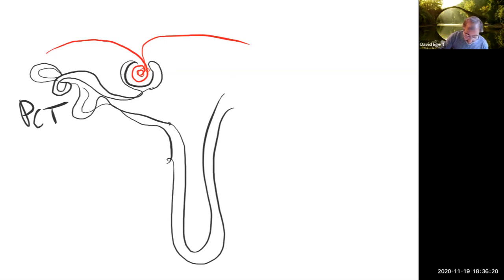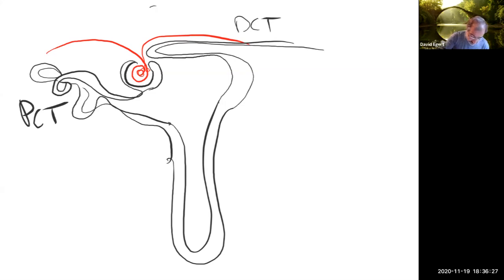The DCT, another thing the DCT does, is going to create what's called the juxtaglomerular apparatus, so there's this little junction.